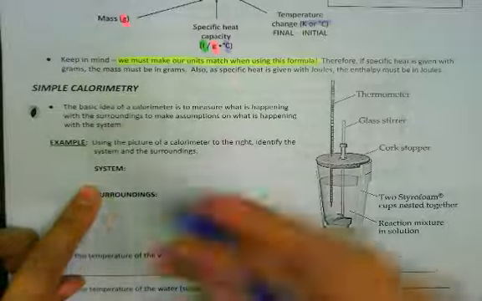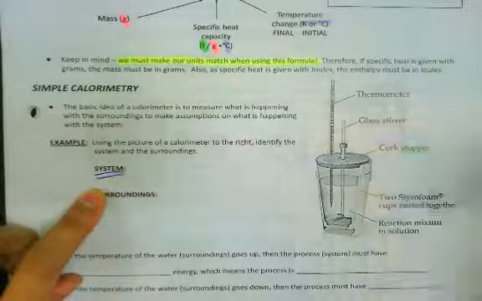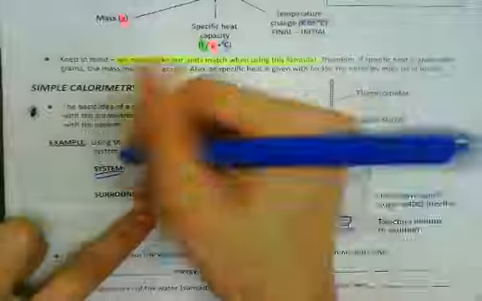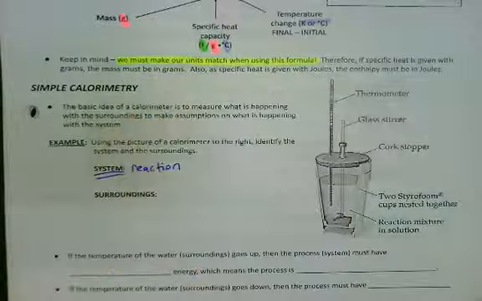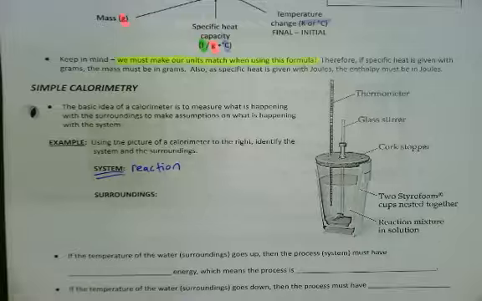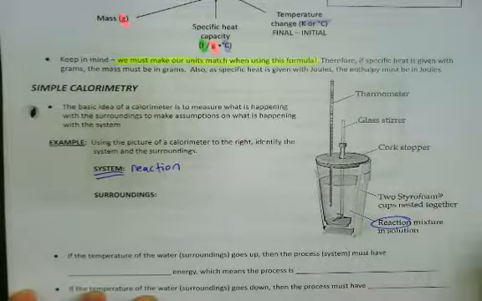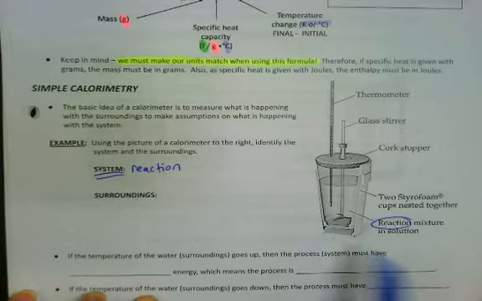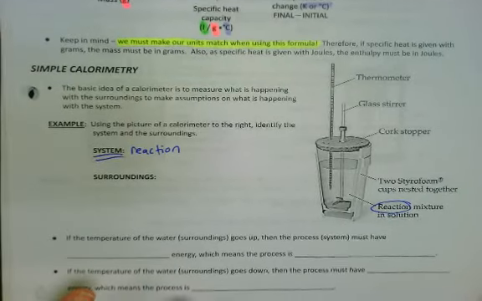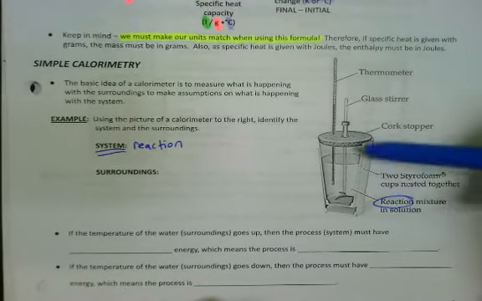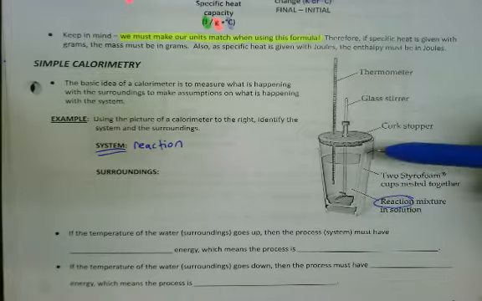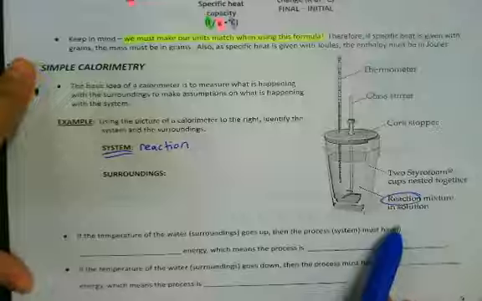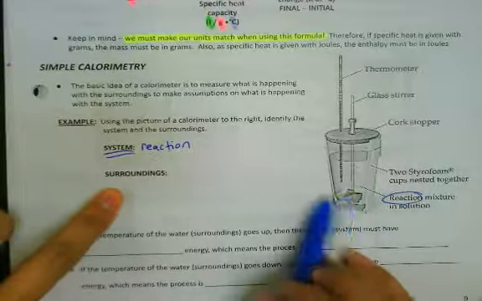In this specific case, we're going to say our system is our reaction, and the surroundings is everything else. So here is, of course, our reaction mixture in our solution. A lot of times in a calorimeter, you'll have your reaction taking place in water, as is the case here.